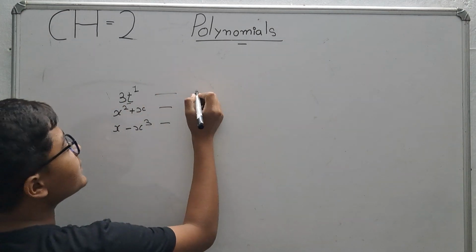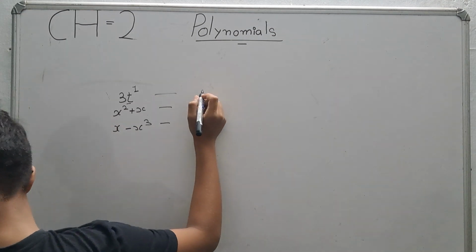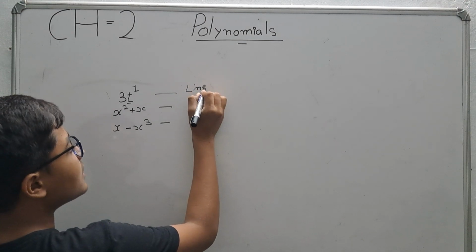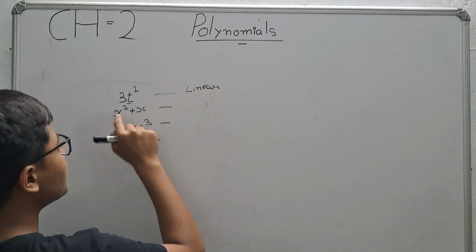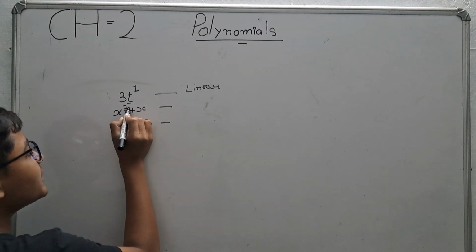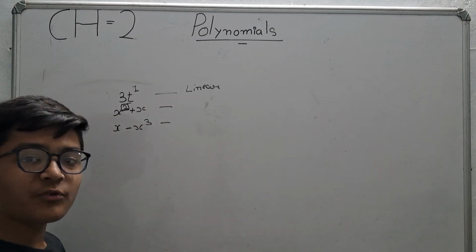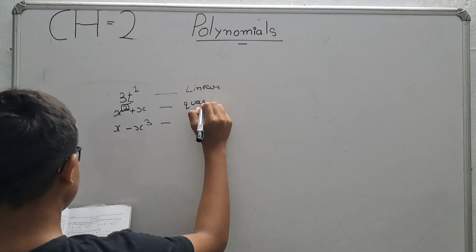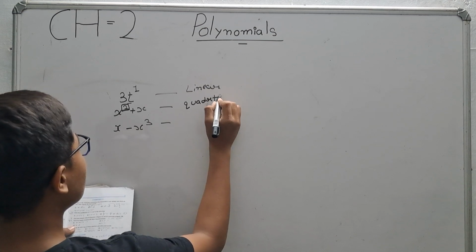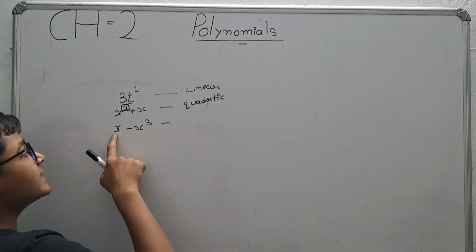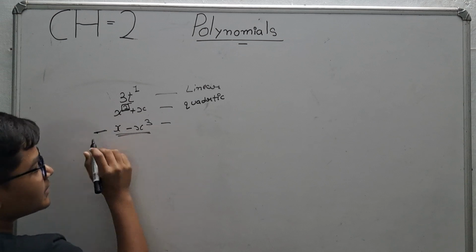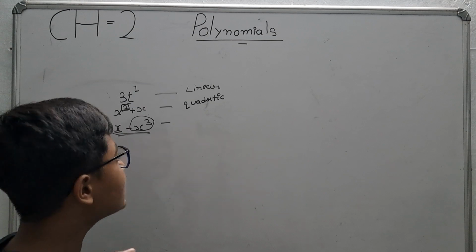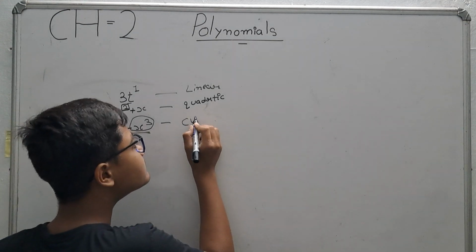So here, in which the power is 1, you will write linear. And in which you find a square, you will write quadratic. And in the last one you can see x minus x cube. If you find x cube is present, you will write cubic.